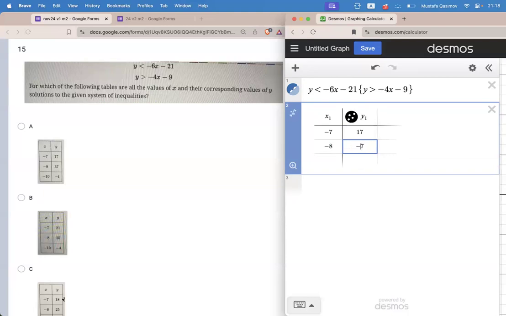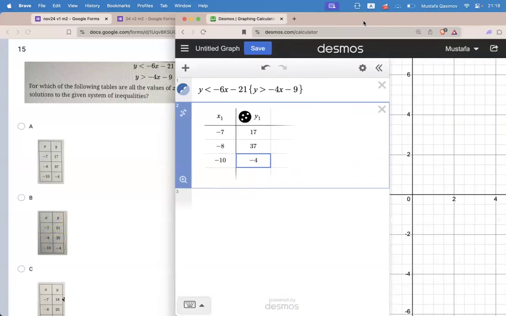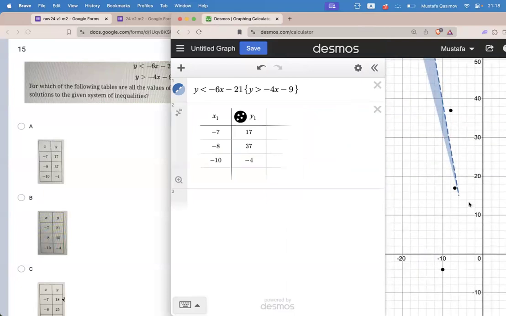Okay, then let's look at them. You can see that none of them is inside of this blue area. It means that none of them is correct, so it is not correct.